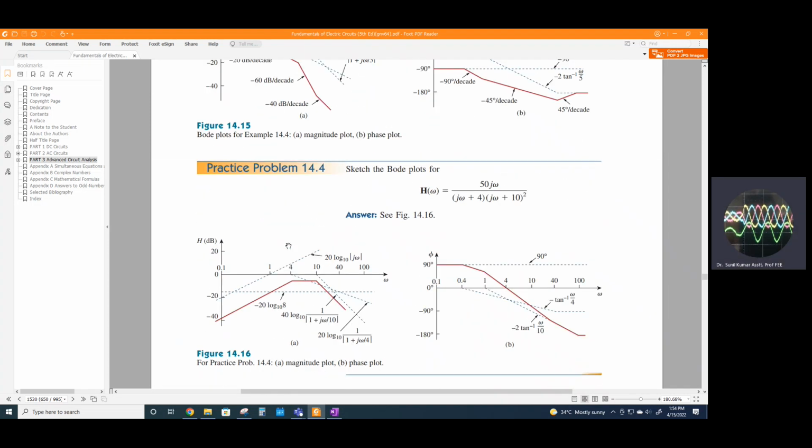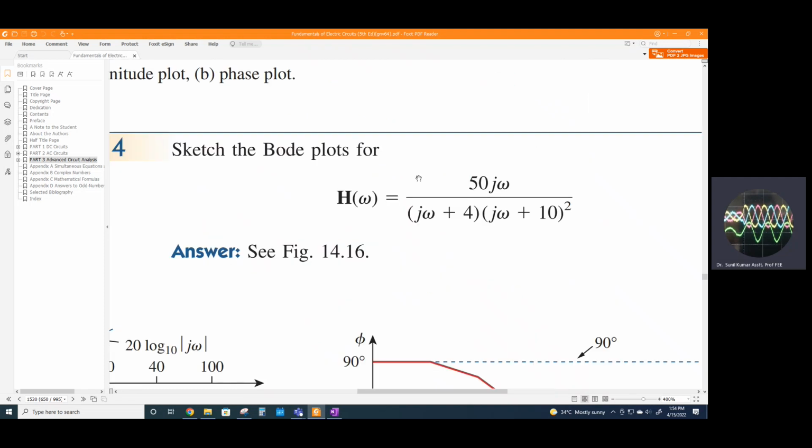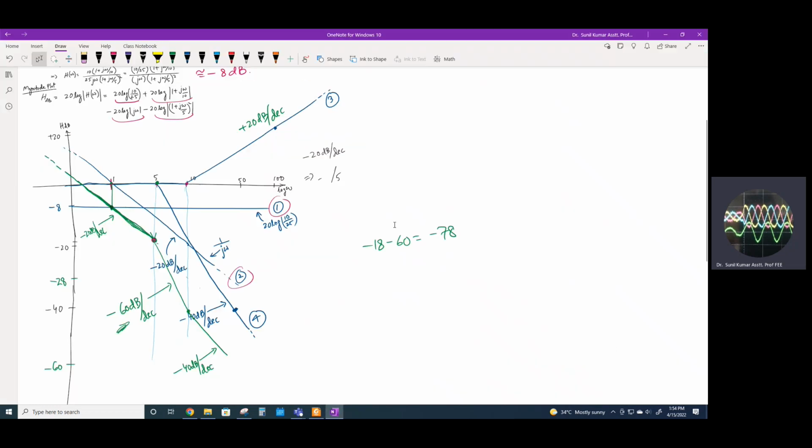Okay. How to construct the Bode plot? Let's try another one, which is practice problem 14.4.